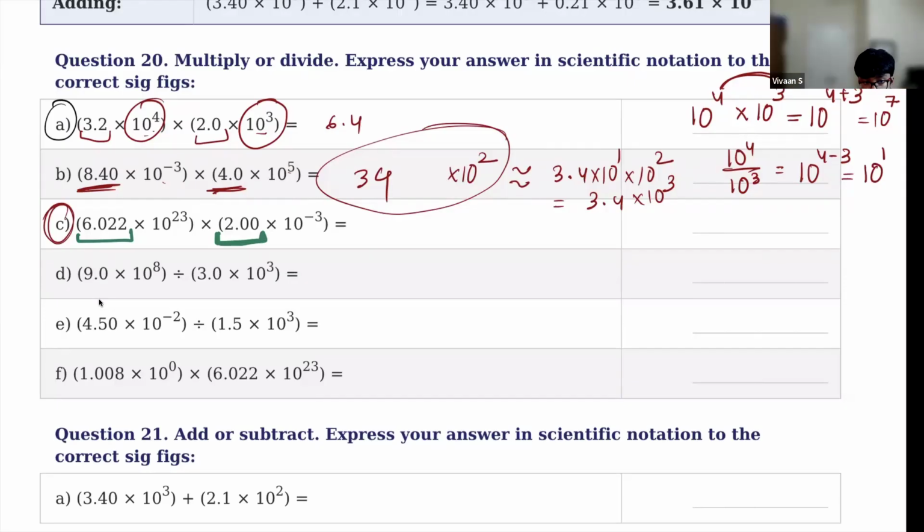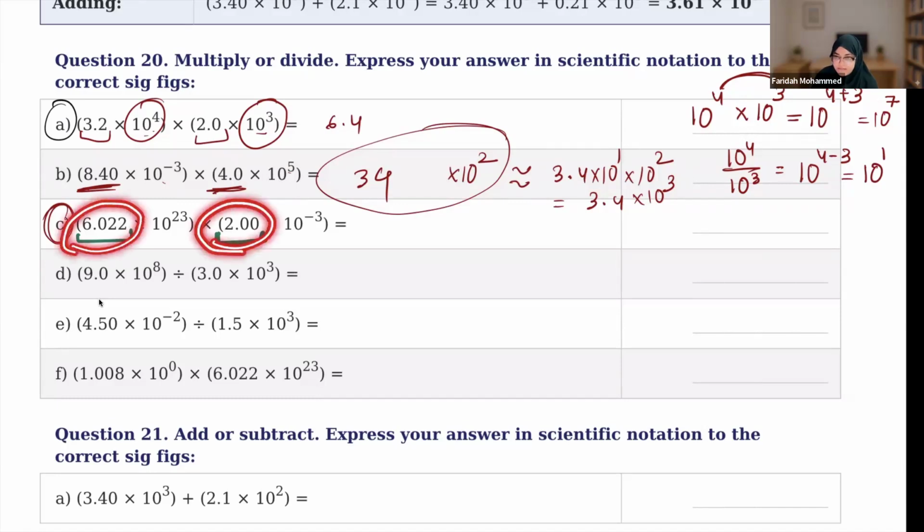No, correct significant figures. This one has how many sig figs? This one has how many? You got this.